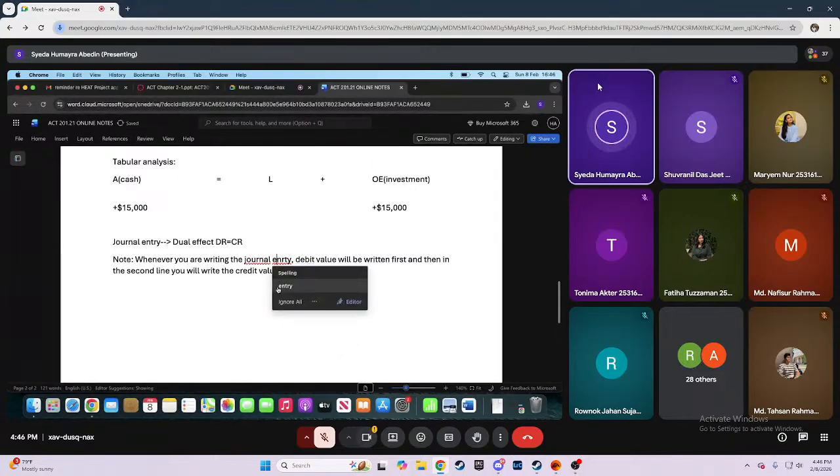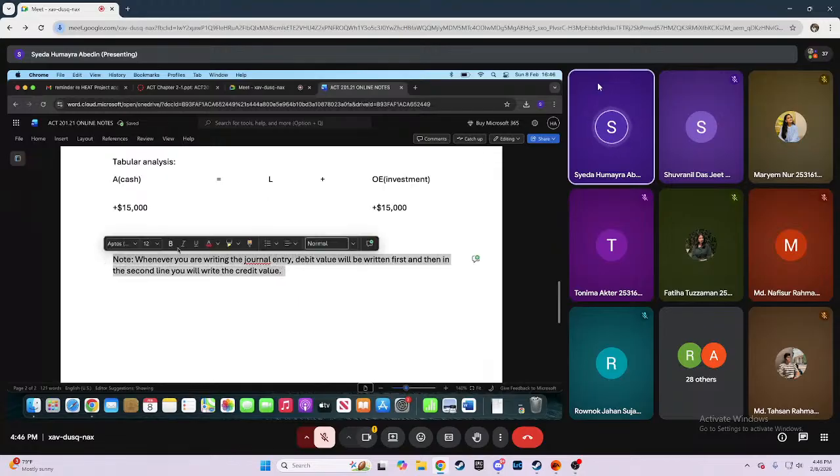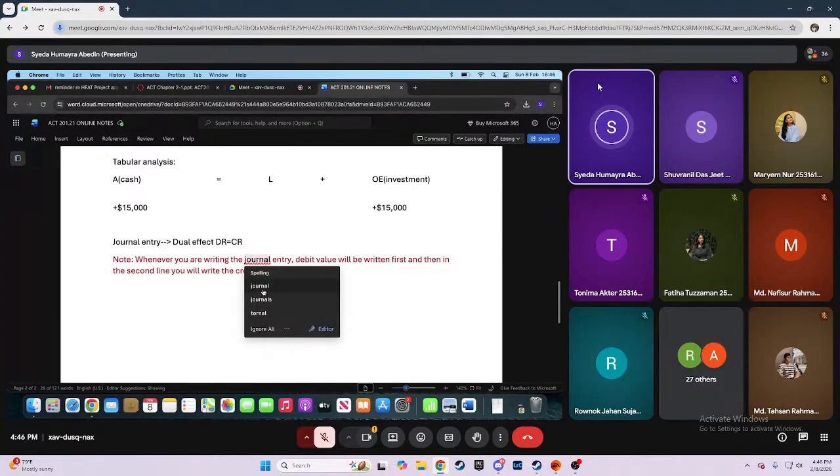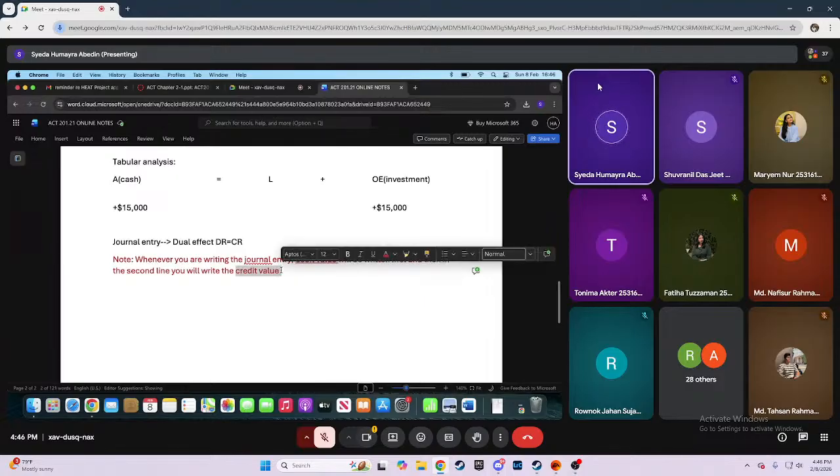Of course, I'll show you how to do it, but let's read it together first. Okay, this part is super important: whenever we try to write a journal entry, we will always first write the debit value, and after writing the debit value, in the second line we will write the credit value. But how to do that, I'm going to show you right now, okay?